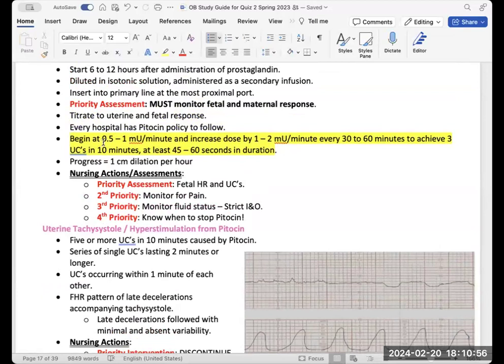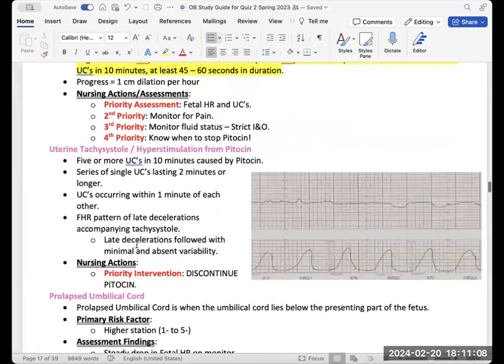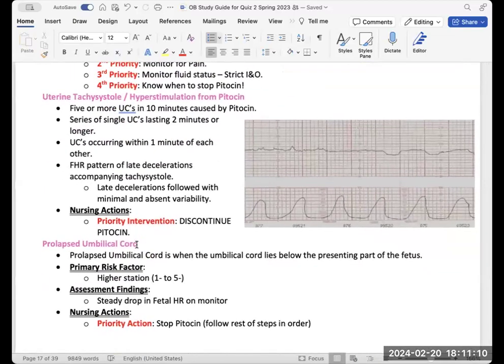That's why we begin at 0.5 to 1 as the dose and increase the dose by 1 to 2 every 30 to 60 minutes until we get 3 uterine contractions in 10 minutes that last 45 to 60 seconds. The problem is that we can get this uterine tachysystole hyperstimulation from Pitocin, which is causing 5 or more uterine contractions in 10 minutes, lasting 2 minutes or more in duration, and they occur within 1 minute of each other.